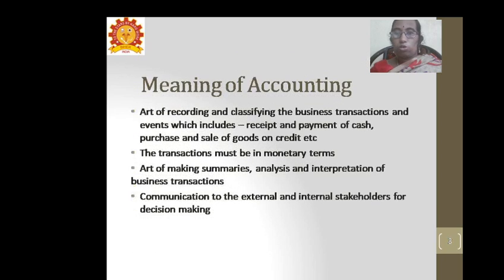Let us move on to the meaning of accounting. So what is accounting? It is stated as the art of recording and classifying all the various business transactions that take place, taking the various expenses and incomes, the payments, and the purchase or sale of goods on credit or on cash basis.